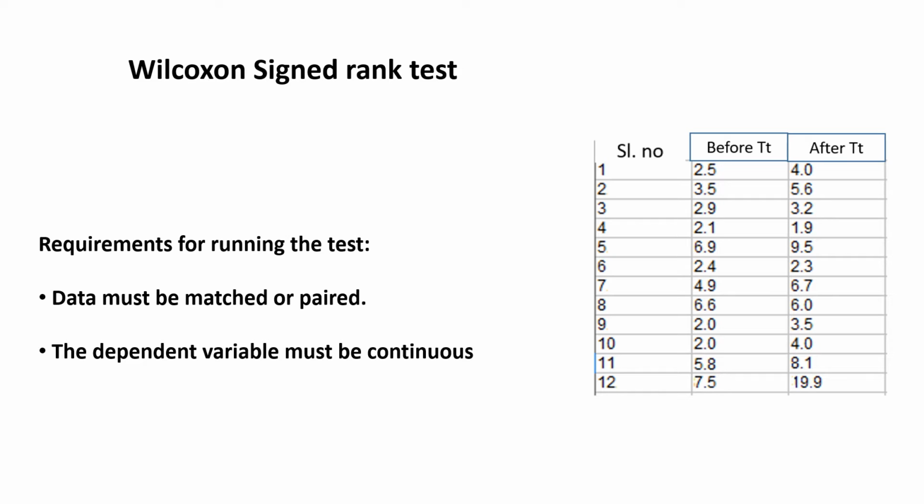So before treatment values should be written in column 1 and after treatment values should be kept in column 2. The dependent variable must be continuous. Continuous variable means it should be either interval or ratio scale, or ordinal. Ordinal also can be.